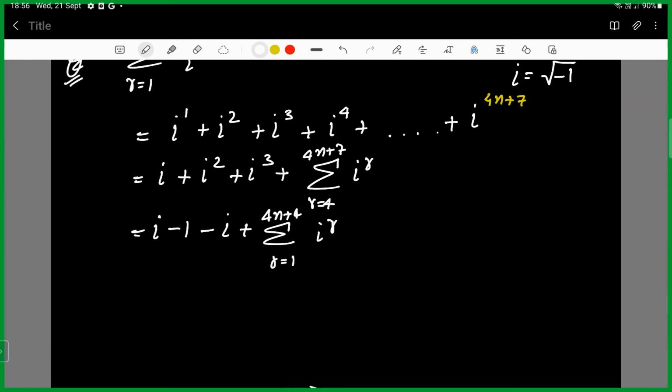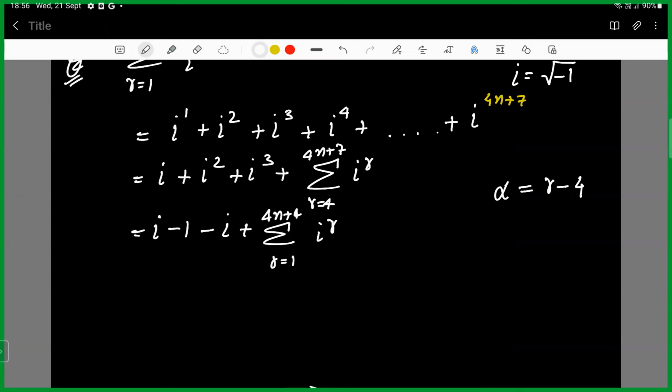Just substitute it. Let's say alpha is equal to r minus 4. Just put alpha here. What do you get? Will you get this or not? Just try it. Then only you will understand.